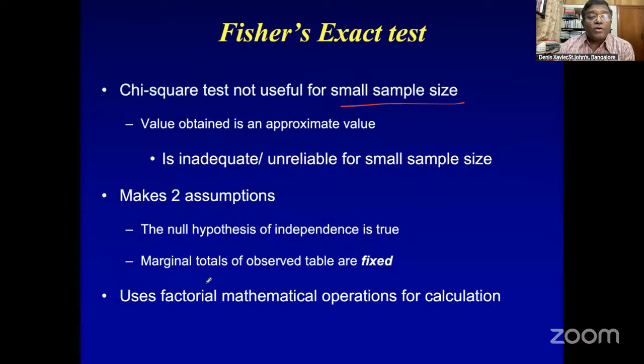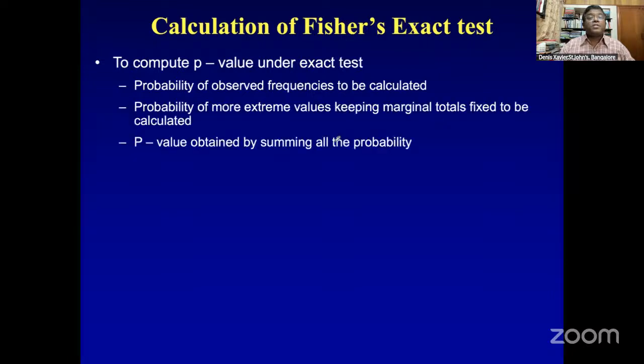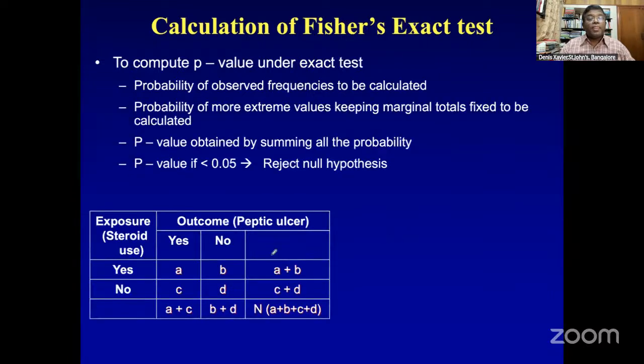And just to let you know, and I don't want to trouble you with factorial mathematics, but all we need to know is a function is applied, and the formula changes a little bit to get the exact p-value. I'll skip some of these details. So we'll go back to this formula here.